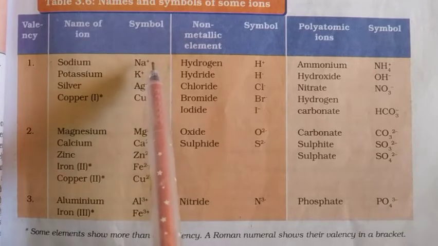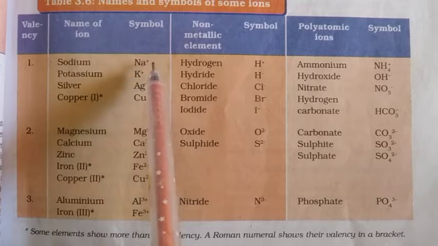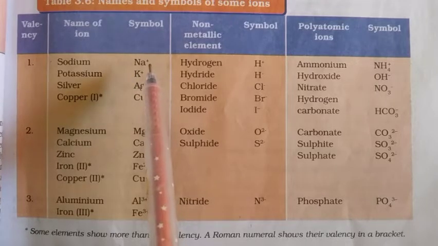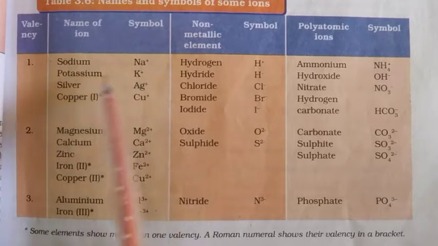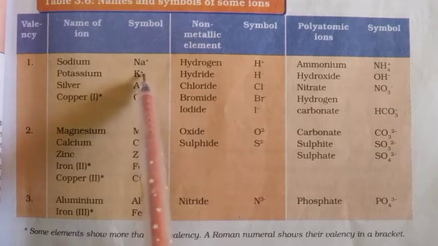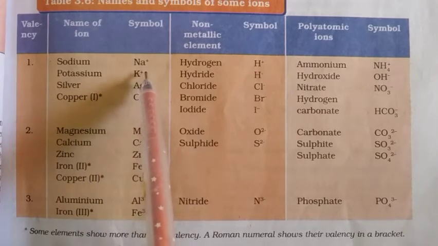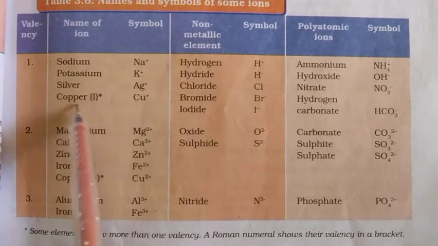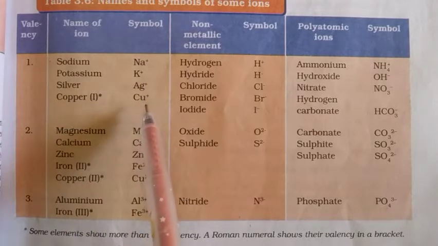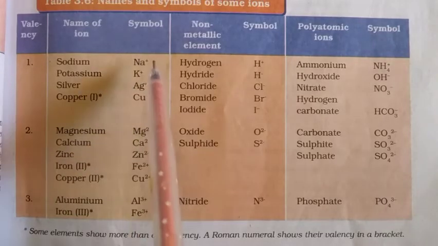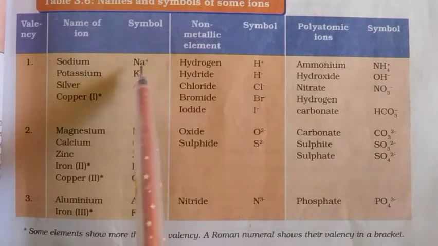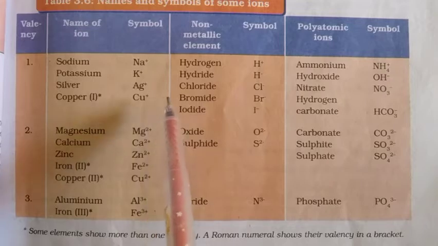Here there is no number, which gives its valency as 1. Potassium, K plus, no number, so understand that as 1. And silver is also 1. Copper is also 1. These have the valency 1, and these are cations.